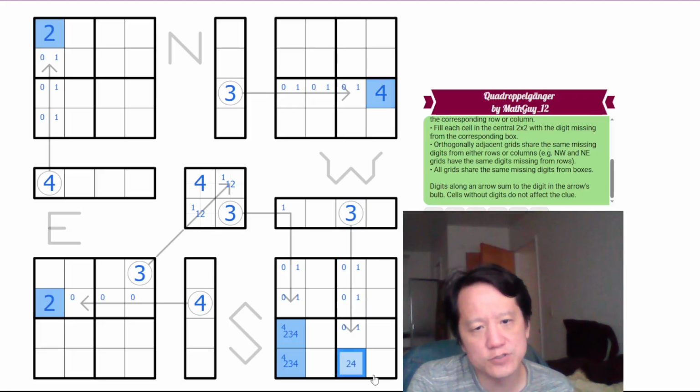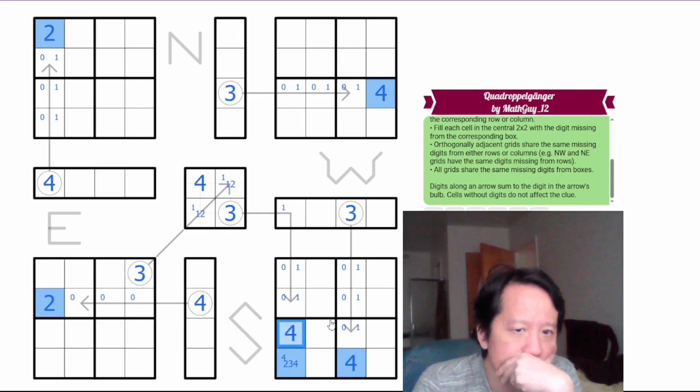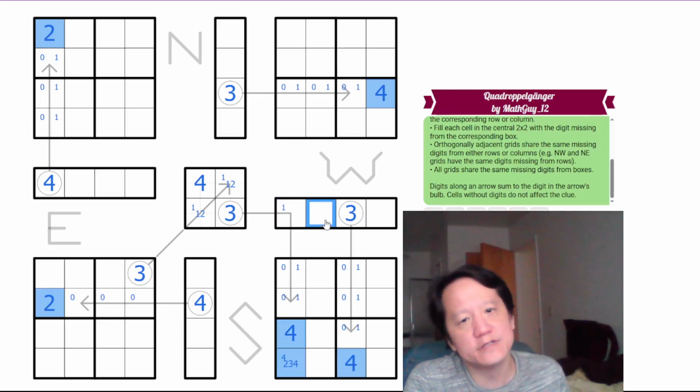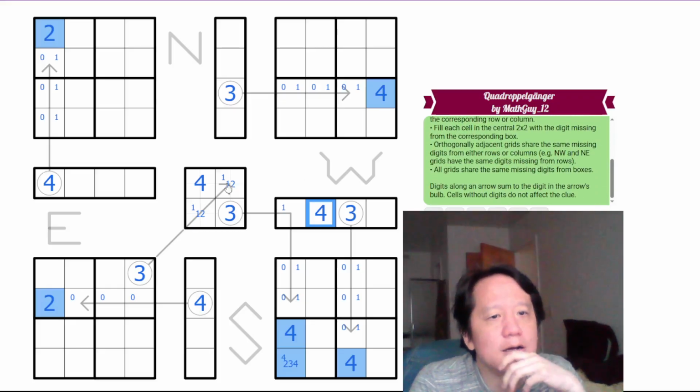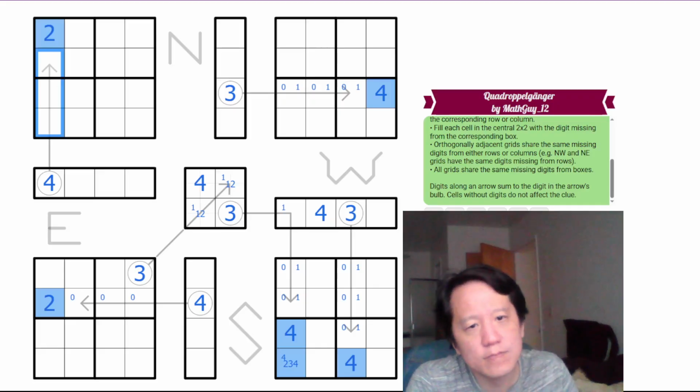0, 1, 2 forces that to be 4, so this can't be 4 here, so it's 4 there. This can't be 4 in that instance, so 4 has to be there. This is 0, 1, 3. This is 0.